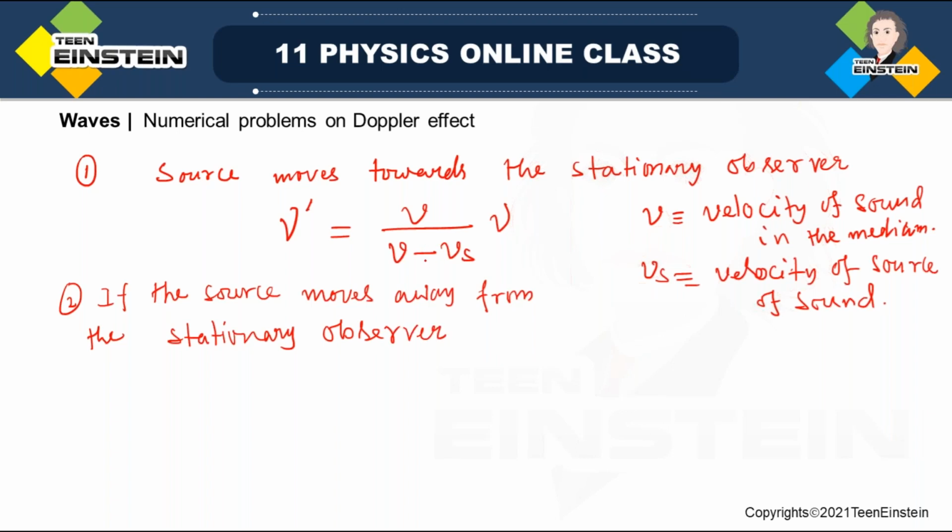In that case, what will happen? You just have to replace Vs by minus Vs. So the frequency will be nu prime equals v by v plus vs into nu, because Vs has been replaced by minus Vs. Okay, so this is when the source is moving.